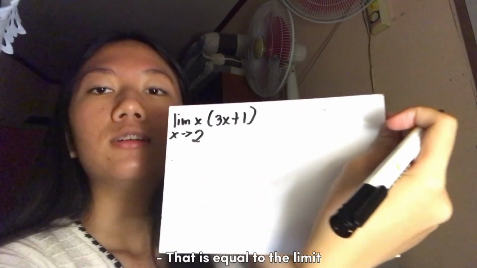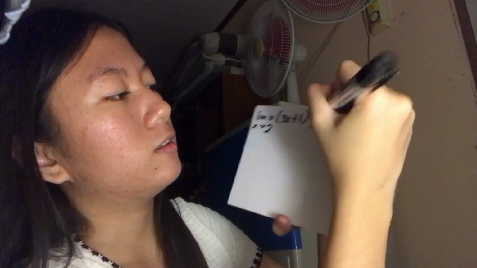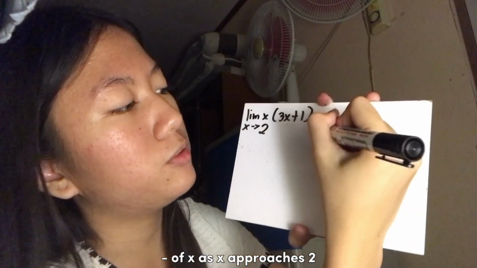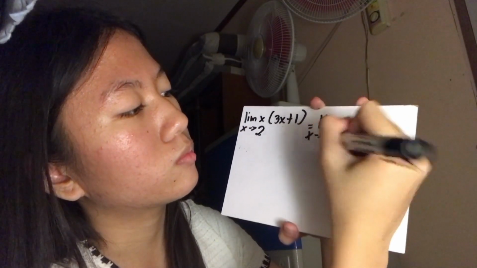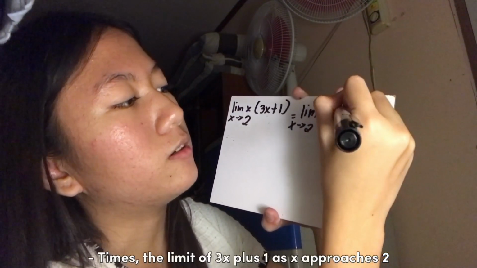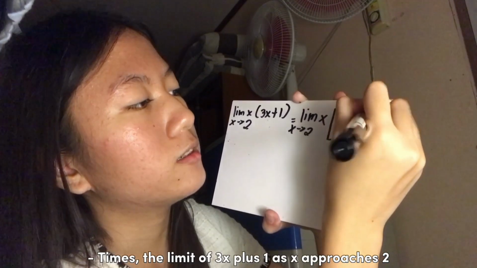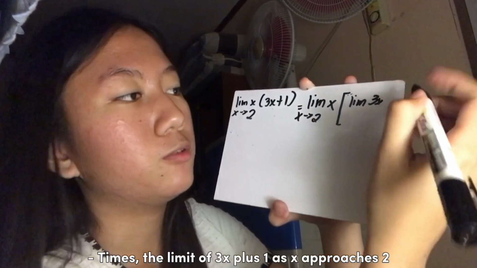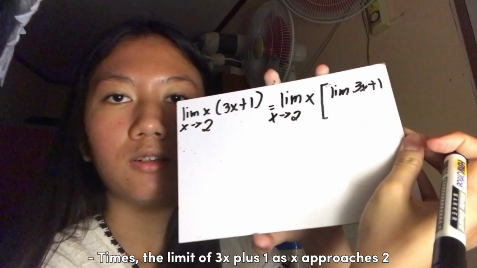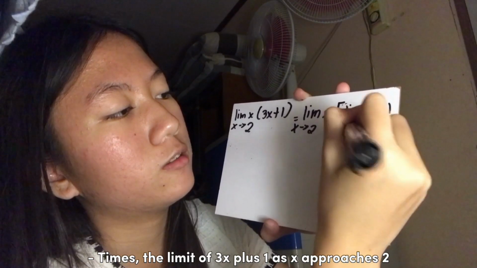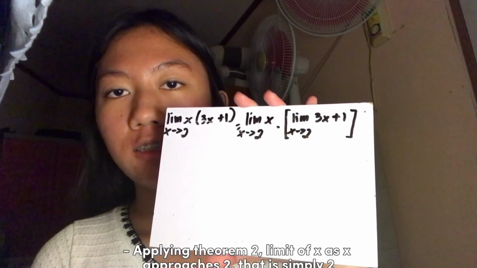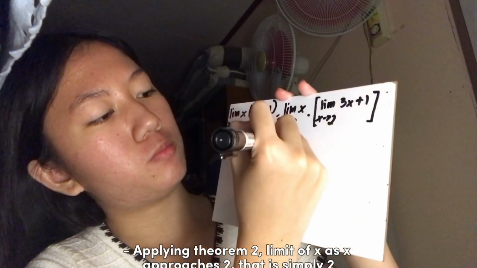So that is equal to the limit of x as x approaches 2 times the limit of 3x plus 1 as x approaches 2. Theorem 2, the limit of x as x approaches 2, that is simply 2.